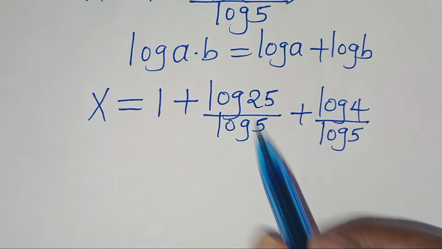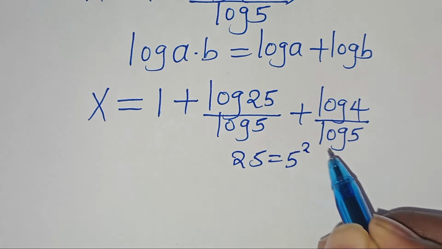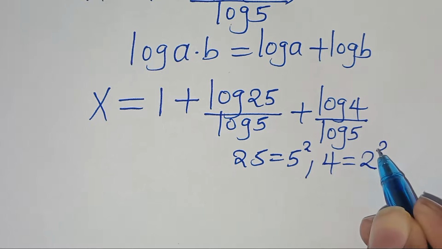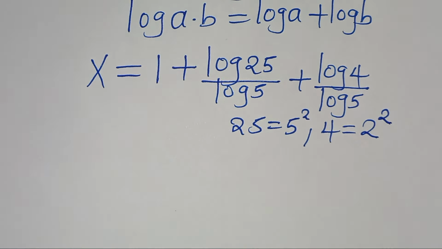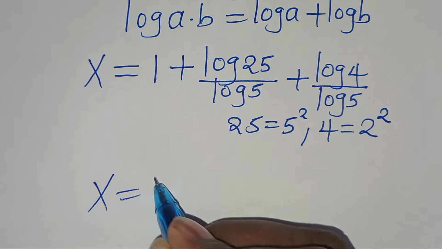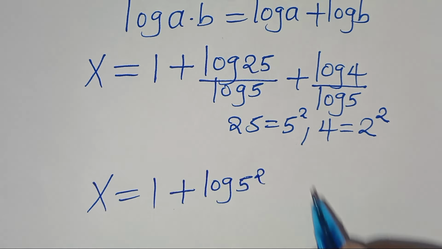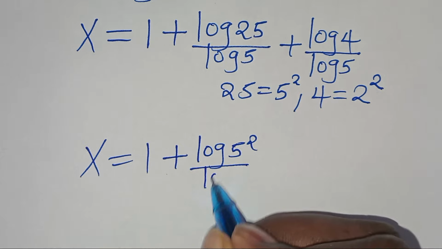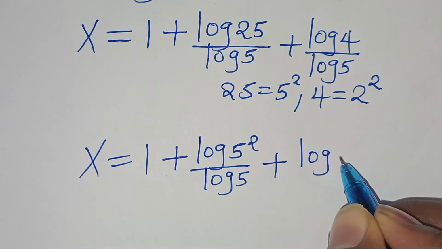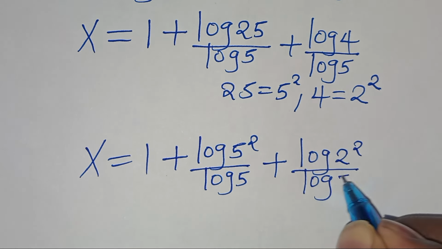The next step is that we can express this 25 basically as 5 to the power of 2, and we can express 4 as 2 to the power of 2. So let's substitute this. Substituting this, we have x is equal to 1 plus log 5 to the power of 2 divided by log 5, then plus log 4, which is log 2 to the power of 2, divided by log 5.